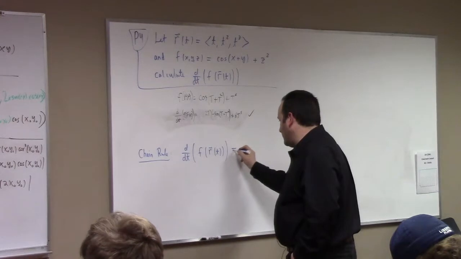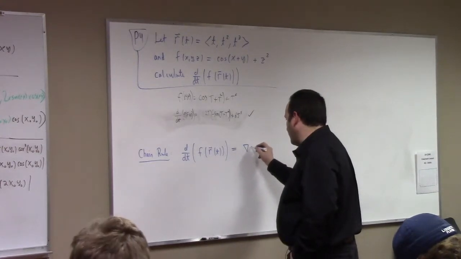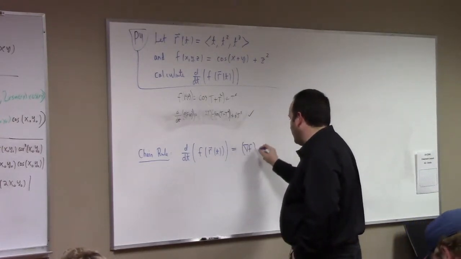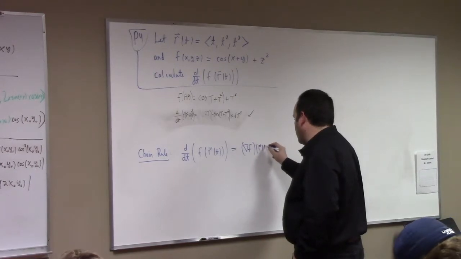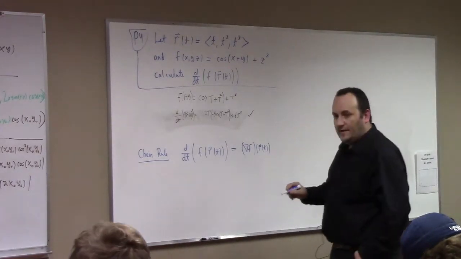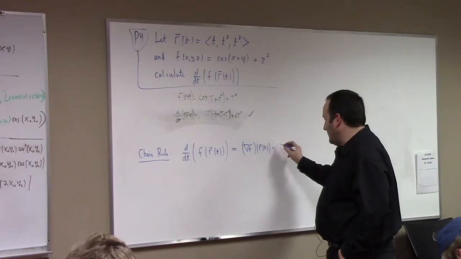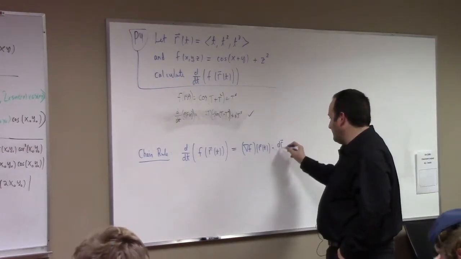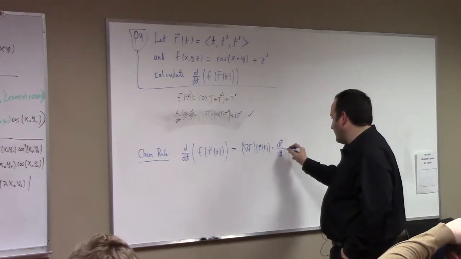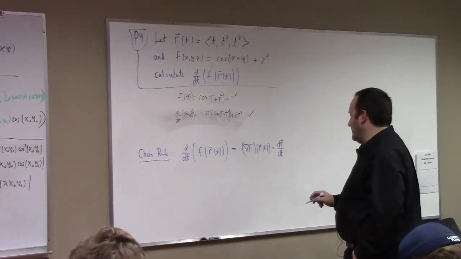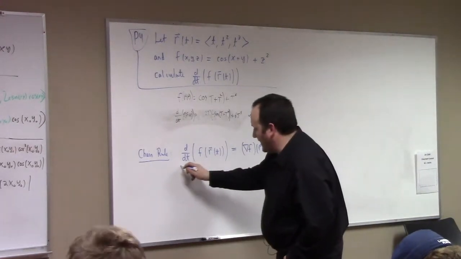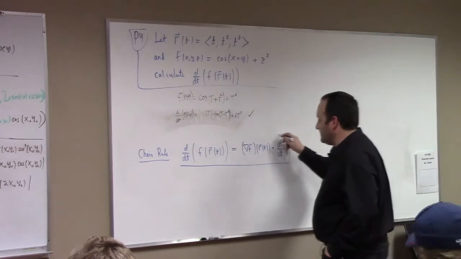It's the gradient of f evaluated at the space curve of the path r of t, dot product with the velocity dr dt. So this is a chain rule for the composition of a path and a function of several variables.